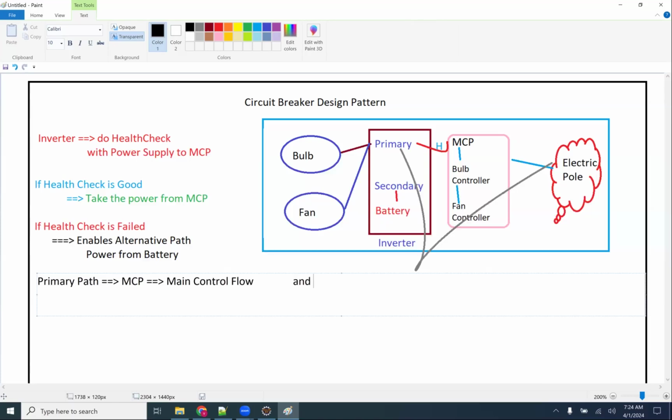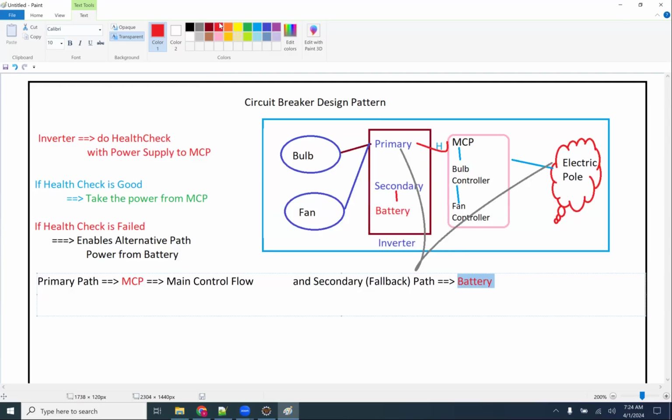And the secondary path, or fallback path, anything I can use, is battery. Main path is MCP. That's a primary path. Battery is a secondary path.